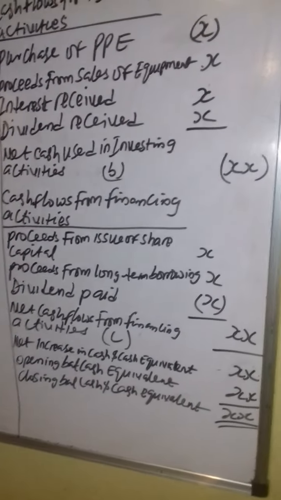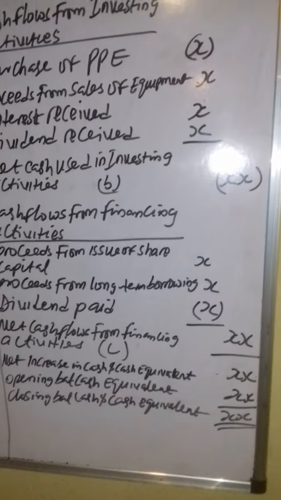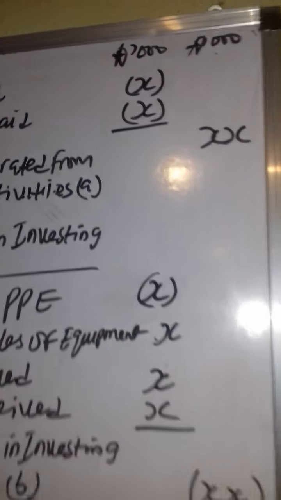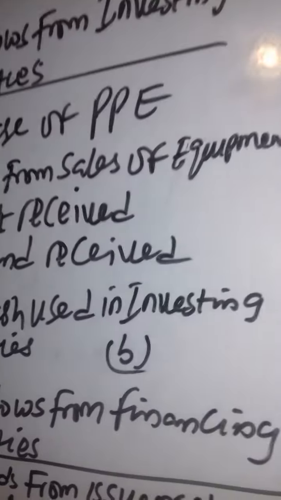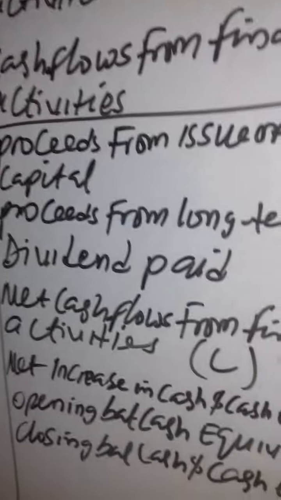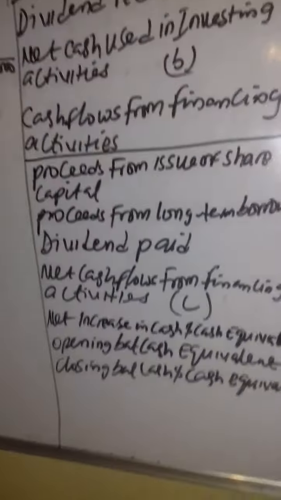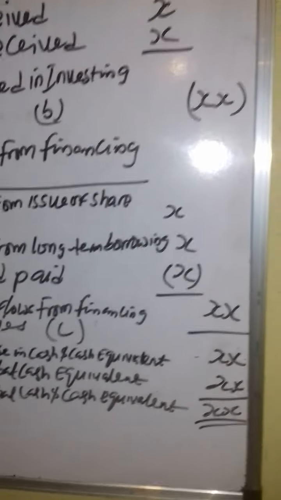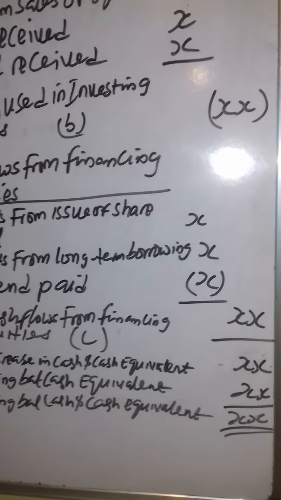Now, the total of A, B, and C. That's A, and then we have B, and we have C. It will give you what we call net increase in cash and cash equivalents for the year.